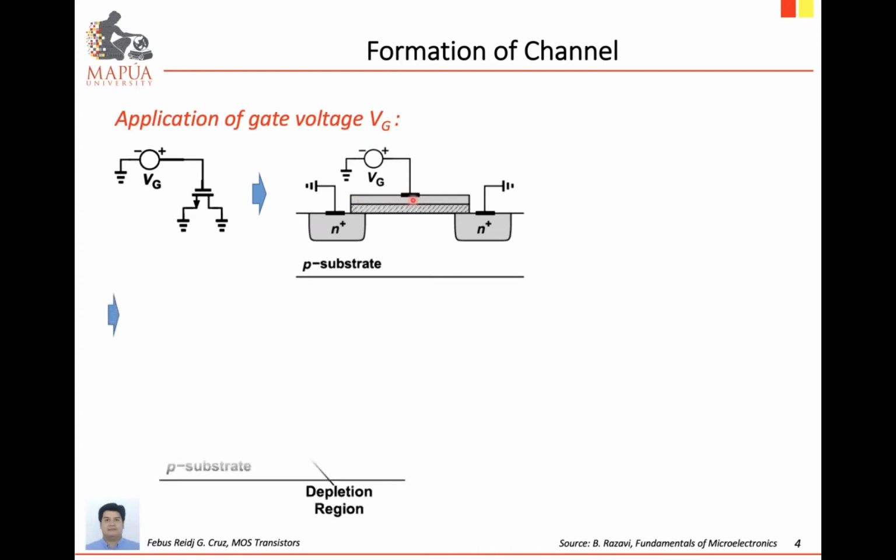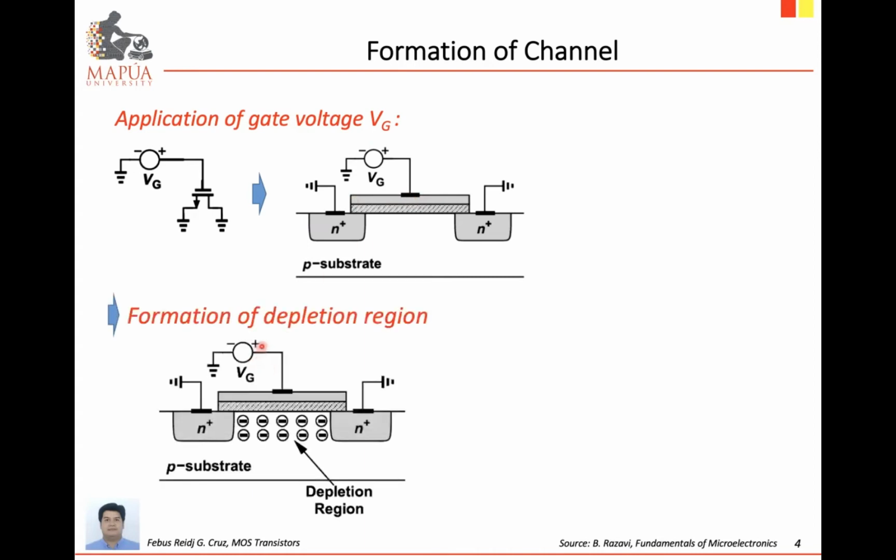When that happens, the positive voltage will attract negative charges. It will attract electrons underneath the metallic or conductive gate layer. Take note, you have the insulation, so when you apply positive voltage on top, it simply produces the electric field effect, attracting negative electrons below the positively charged gate layer.